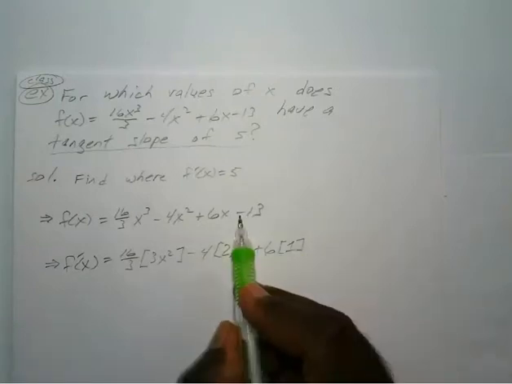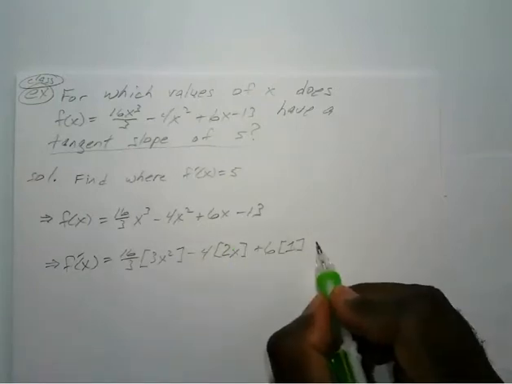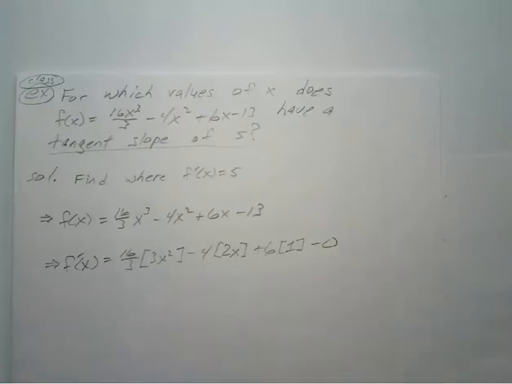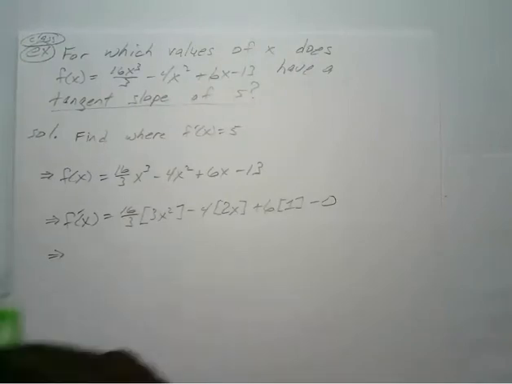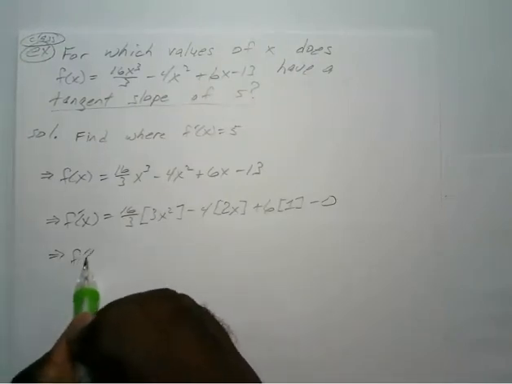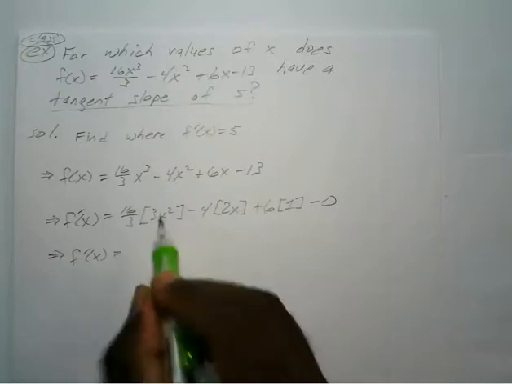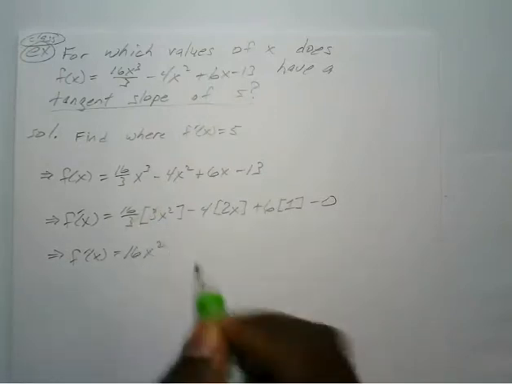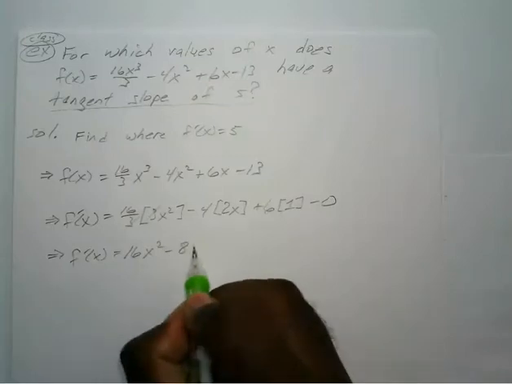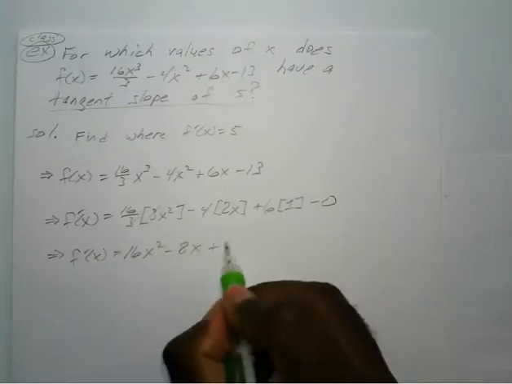The derivative of negative 13 is just 0. So we can put minus 0, but you don't have to. Okay, so you have f prime of x. Since the two 3's cancel out, you have 16x squared minus 8x plus 6.